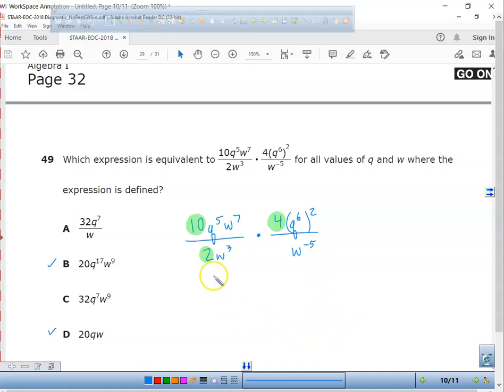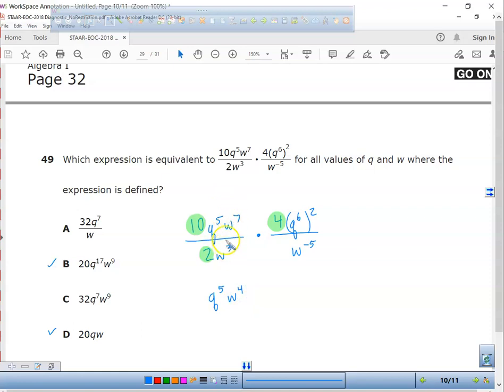So right now, if you would please, let's just focus on the variables. This right here, this is called the quotient property. In the quotient property, you're allowed to subtract them. Are there any other Q's right here? No, but 7 minus 3 is 4.